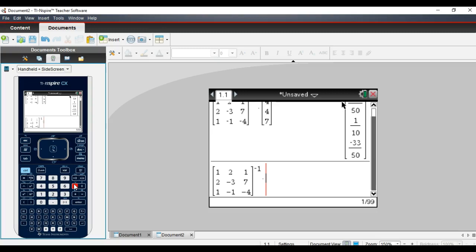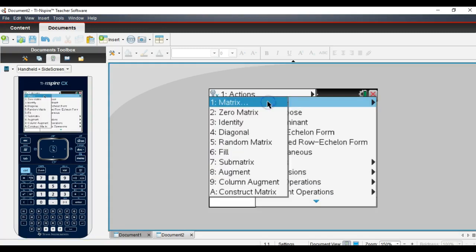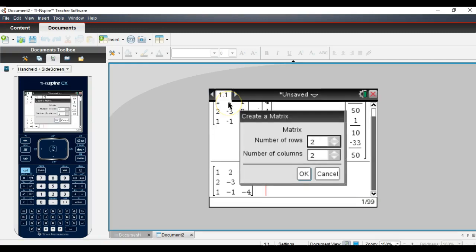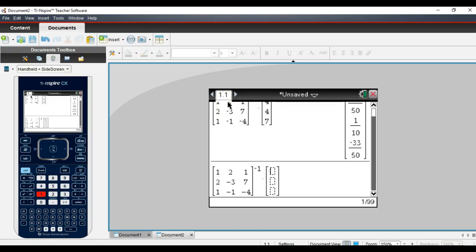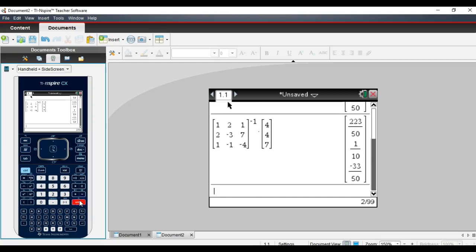So the next matrix is menu, matrix and vector, create a matrix. What size matrix is the next one? Yeah, it's a 3 by 1. And that matrix has, what is it, 4, 4, 7, and then just hit enter and I'm done. Okay, so there is the solution for that.